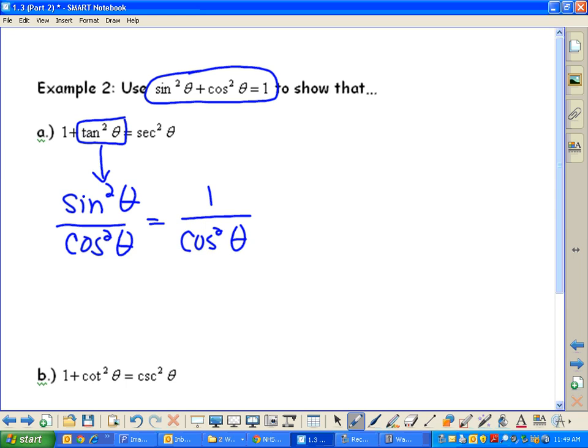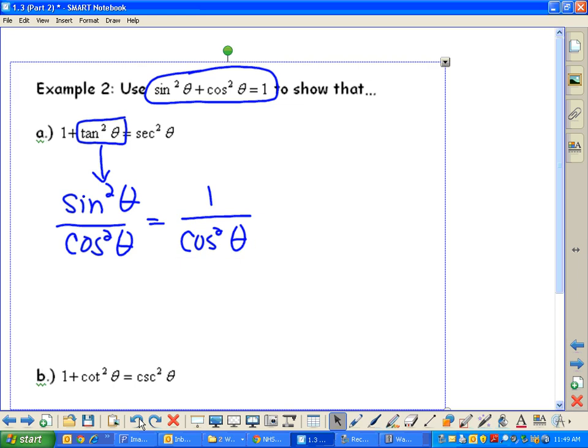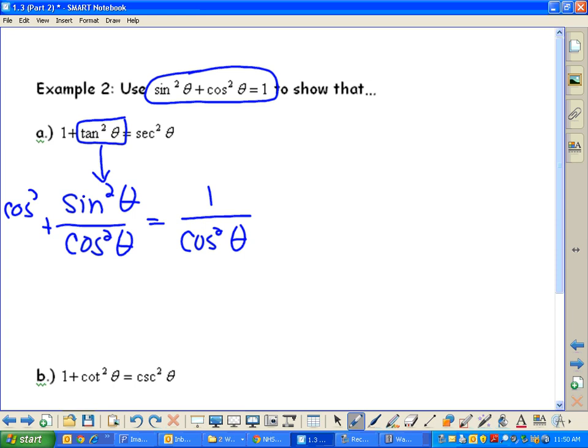And now I look at 1. And I'm like, oh, well, 1. Give me a little more space. This 1 right here, I could actually think about that as cosine squared theta over itself. And if you'll notice, basically all I've done is I've divided both sides of the equation by cosine squared theta, which essentially means it's like I never did it.